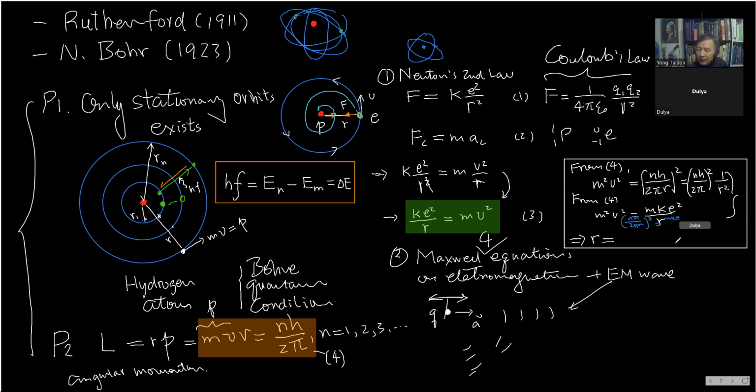Can you write your important discovery here? Did you get r? Can you write the whole result over here, in this corner? That is the most important formula. r equal to, can you show this r?